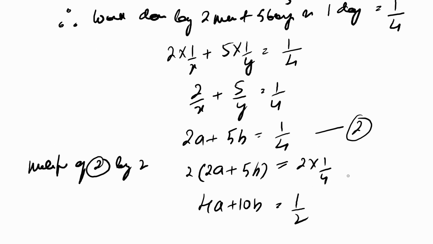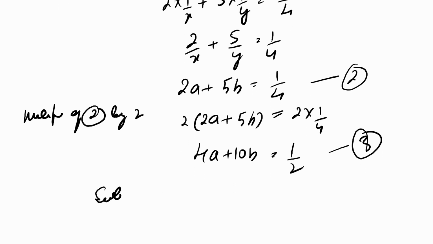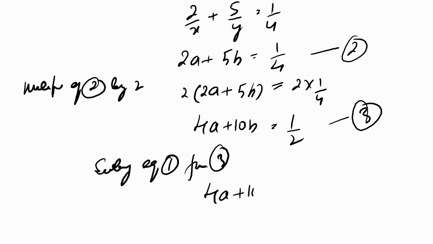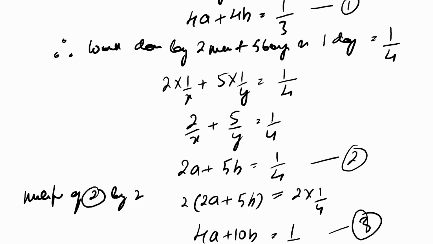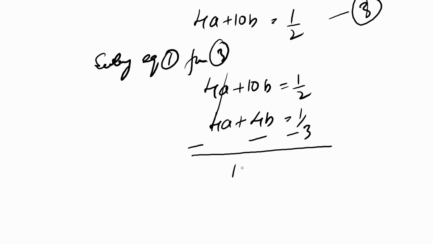Now what we will do? We will subtract equation 1 from 3. Subtracting equation 1 from 3: 4A plus 10B is equal to 1 by 2, minus 4A plus 4B is equal to 1 by 3. So this will become 6B is equal to 1 by 2 minus 1 by 3.